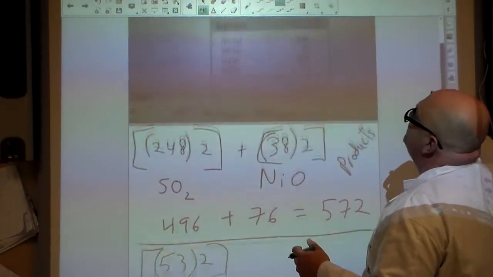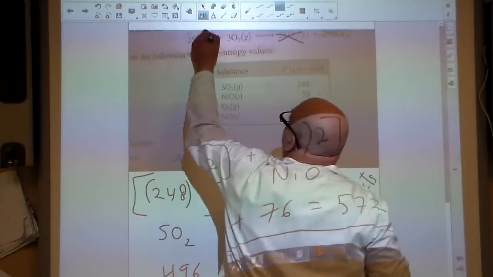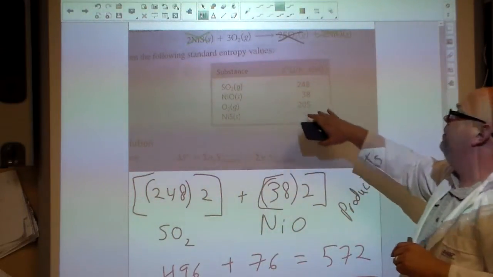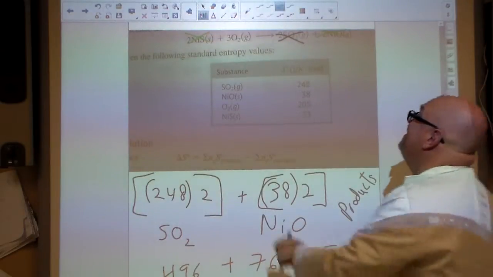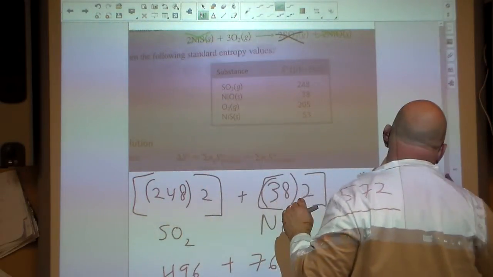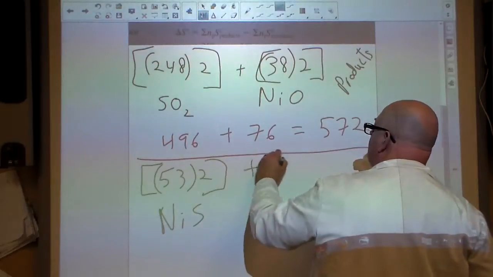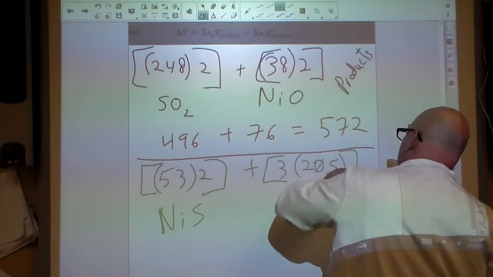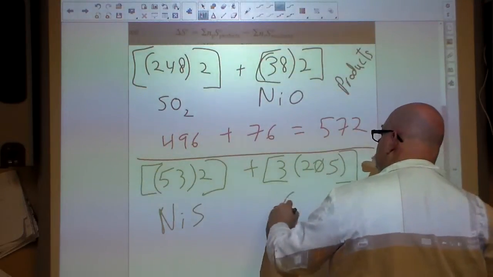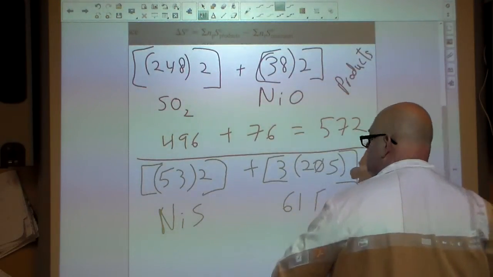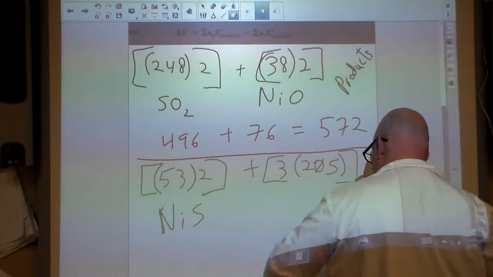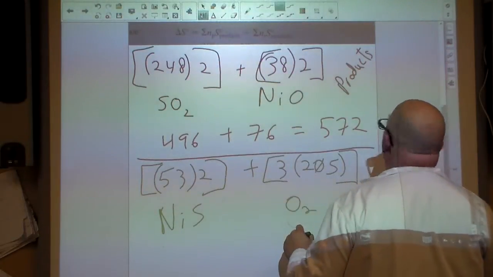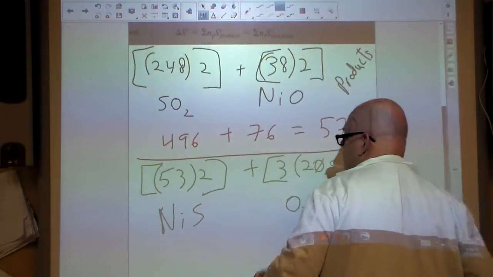Then we look at the 3O2 here, and notice the O2 according to this value is 205, but there's 3 of them, so that's going to be 3 times 205, and that's going to bring us to 615. This is for our O2.